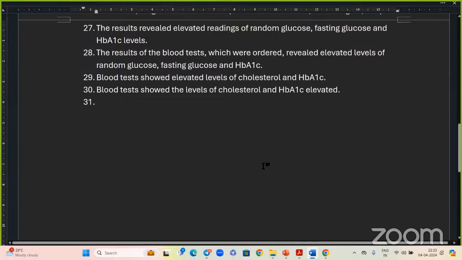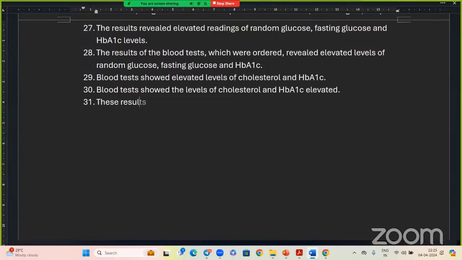So you can say these results are consistent with type 2 diabetes mellitus. These results or these levels, these recordings are consistent with type 2 diabetes mellitus, or they suggest type 2 diabetes. These results are suggestive of. Anyway, you can say. Right, next step.